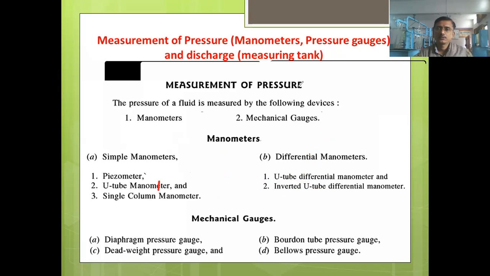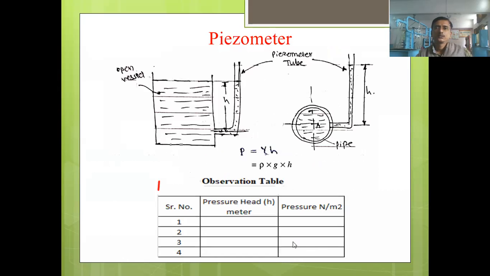So these things we have discussed regarding pressure measurement. Next slide. Piezometer. Here we have learned how to find the pressure with the help of the piezometer. This height is called the head of this liquid, and this head is nothing but pressure head. This H is the pressure head. Here also this is pressure head. At this particular point, this height is the pressure head.